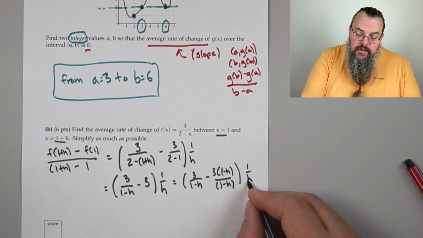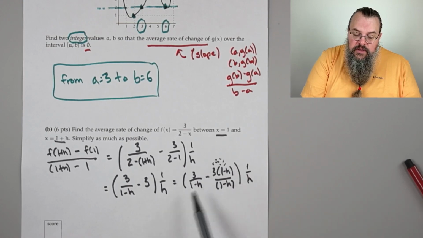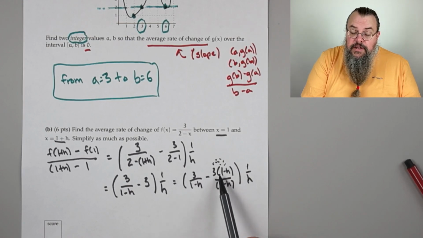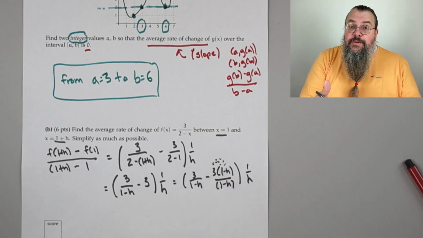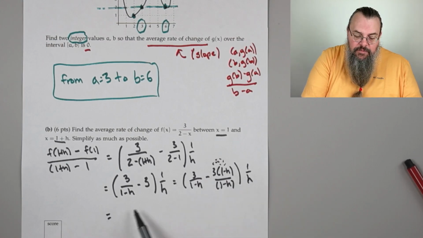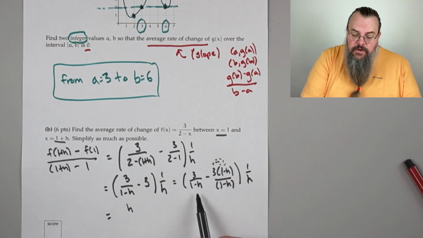Now, let's see what happens. Of course, we distribute here. And so we'll have 3 subtract 3, right? Because there's minus 3. 3 subtract 3 is 0. Nice. Then we have a minus h. So the top becomes h. Downstairs, well, what do we have? Well, we have 1 minus h and 1 minus h common denominator. 1 minus h.